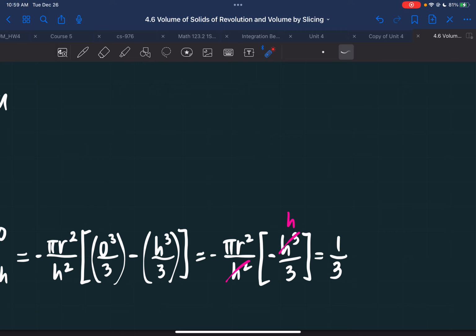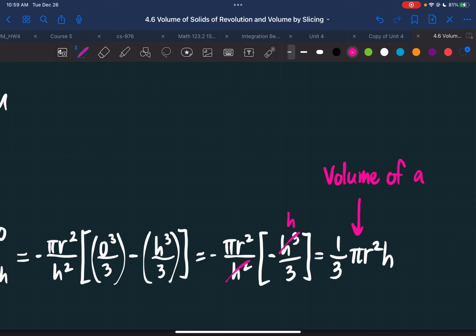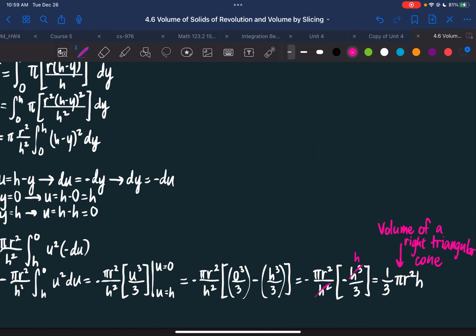Your 1/3 is this one. Then you have your pi r squared h. And from your elementary days or your grade school days, this is your volume of a right circular cone. I'm sure all of you are familiar with this one. And that's it for this example.